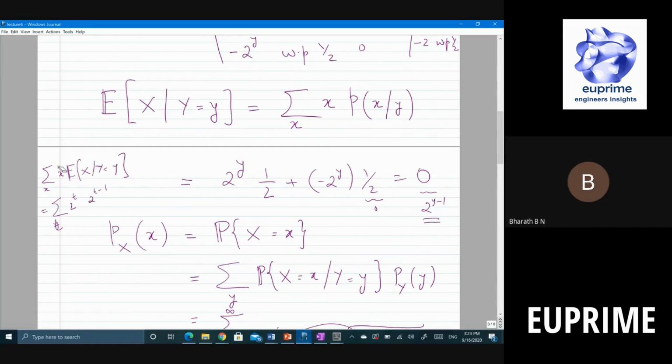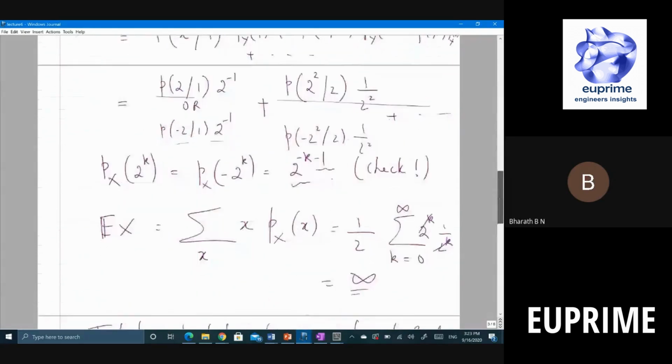This is the probability of y, right? So what is the probability of y equal to y? 2 power minus y, right? So this is 2 power minus t into 2 power t minus 1, which is this thing and this thing cancel, and we have 1 by 2 summation over all t, which is infinity, right? So you get infinity here and you also got infinity here, right?